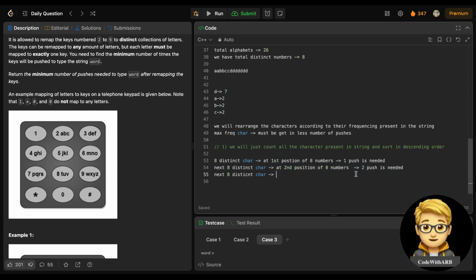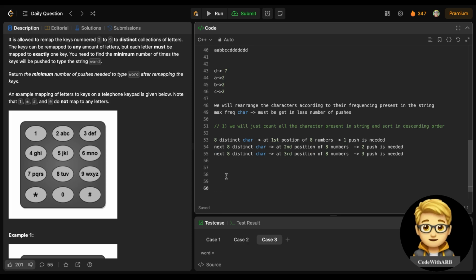So now we need to make a mathematical formula so that I can count how many pushes we need ultimately. So how will we determine?